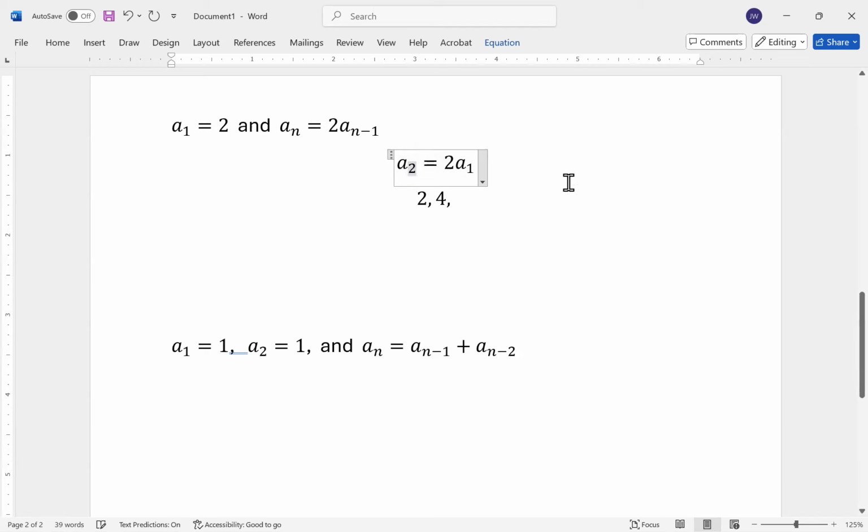The same thing is going to happen now that I've established my second term. Now I can find my third term. My third term is going to be, based on this formula, 2 times the A of the previous term. So 2 times A sub 2. Double the second term is an 8.